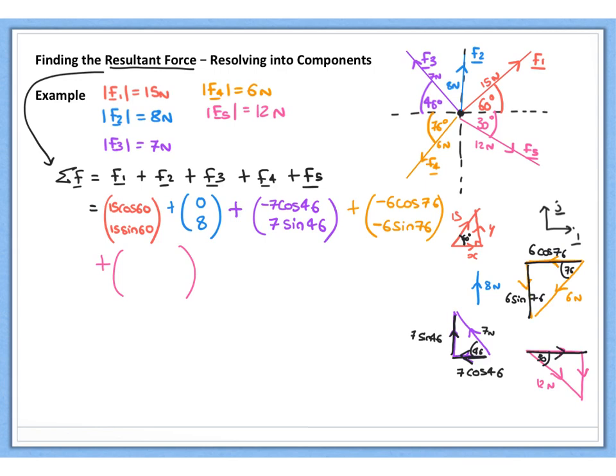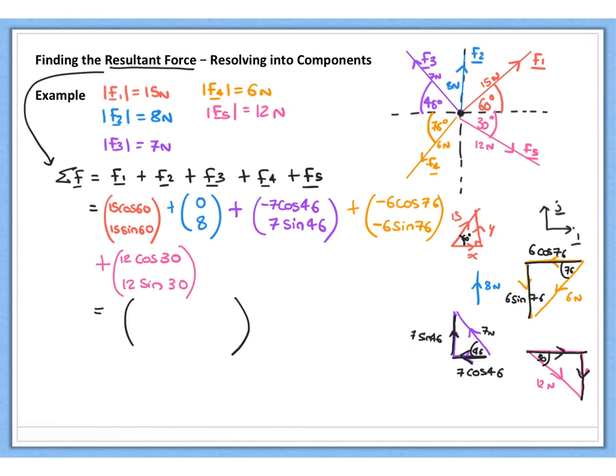So it's 12 cos 30, it's positive, it's going to the right. The j component, downwards like that, is opposite the angle 30 degrees, so it's a sine component, so it's simply negative 12 sine 30.